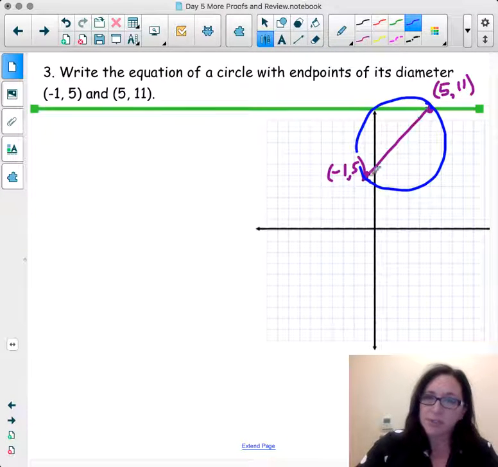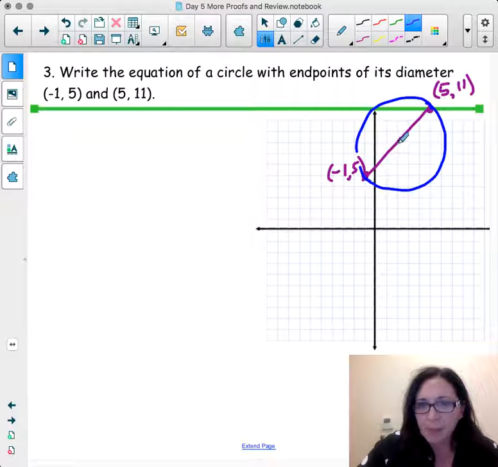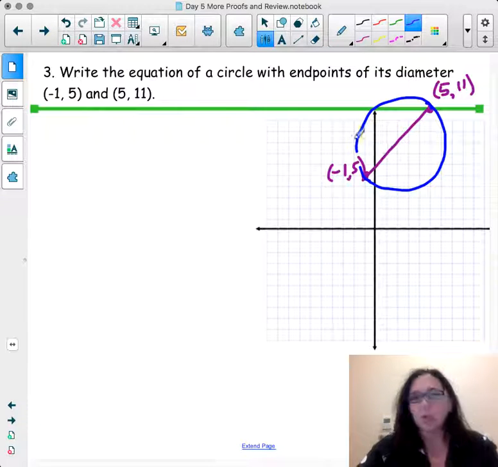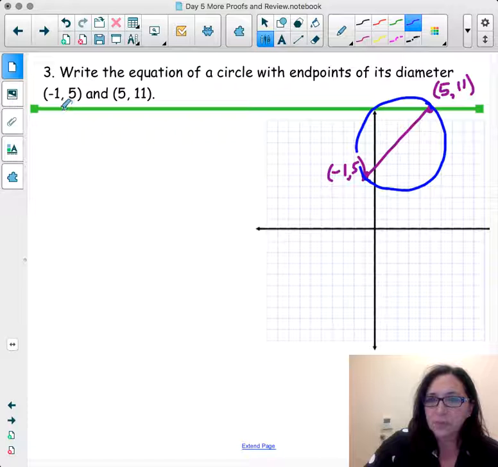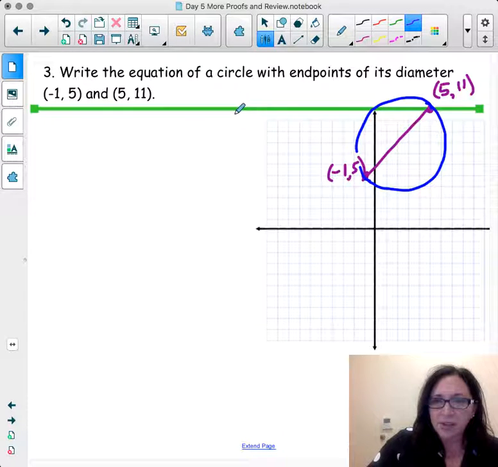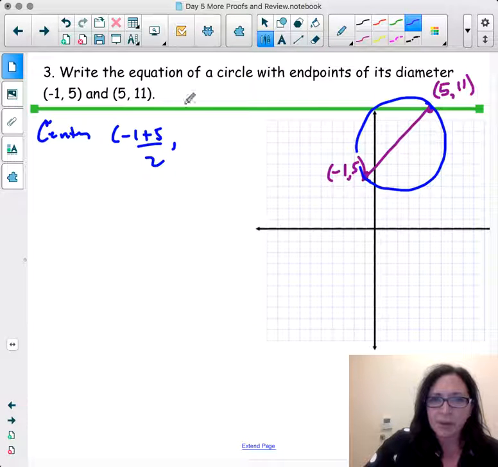So given that information, I need a center. It might be right there, but in order to be sure, I'm going to use my midpoint formula to find the center. So to find the center, I'm going to say -1 plus 5 divided by 2, comma, and then I'm going to add my y's: 5 plus 11 divided by 2.